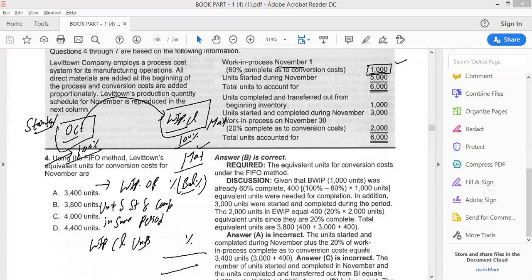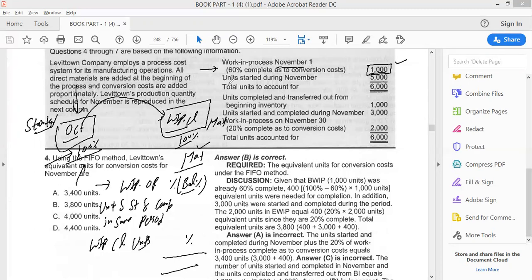That's why you notice that he is not giving you any breakup of how much these are completed with respect to materials, because from this information we have to conclude by ourselves that these are 100% completed with respect to materials. Very simple, students: as these units started in October, in November we are not going to spend any cost on these units with respect to materials. These units we started in October, and at that time we already added 100% of the material.